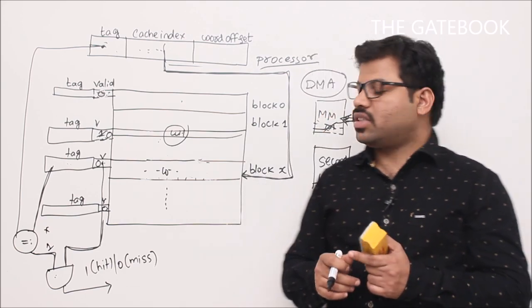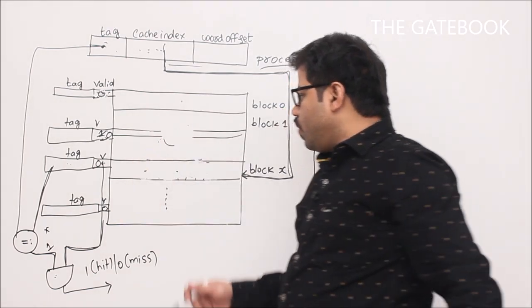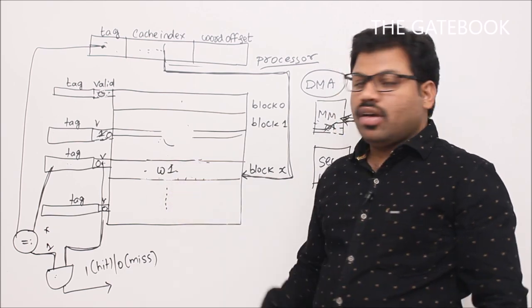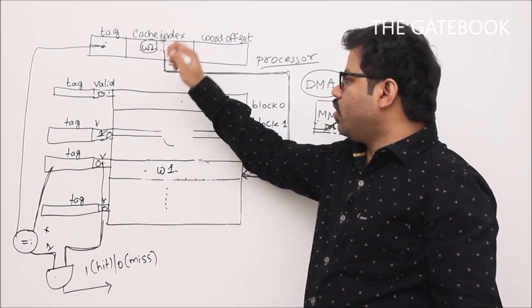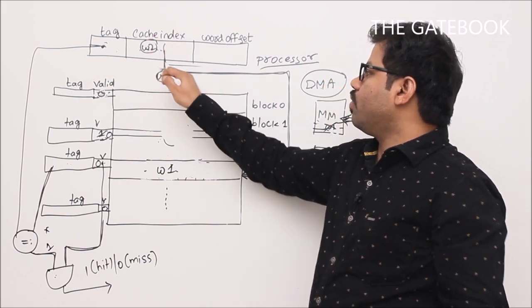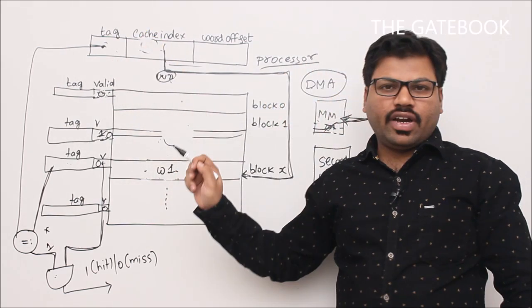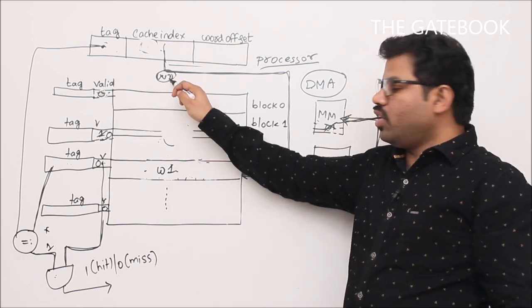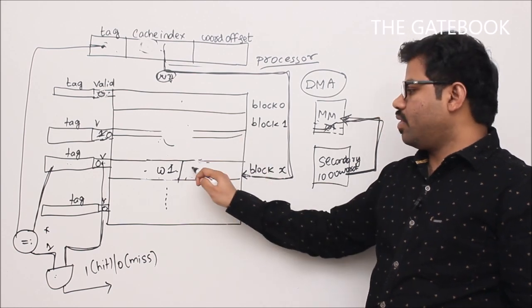What is the drawback of this model? Example, let's say some word 1 is there already here, okay, but what happened, you are referring to word 2, let us write here word 2. This word 1 and word 2 are different, but the relation between them is that if and only if word 2 is present in the cache, it's supposed to be present here.